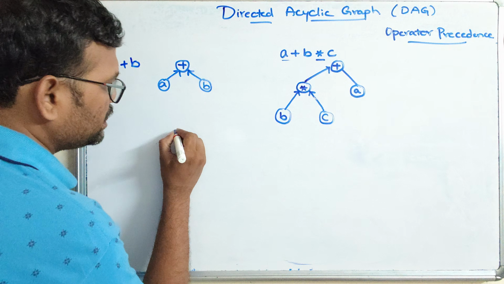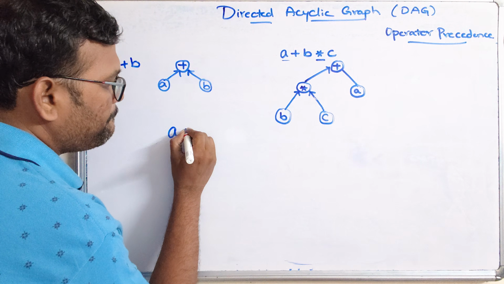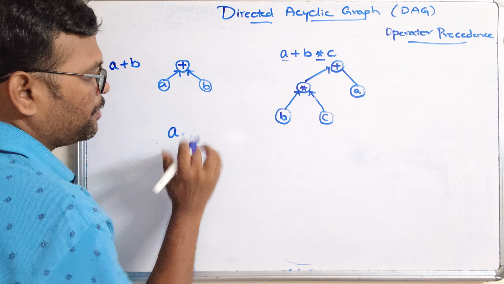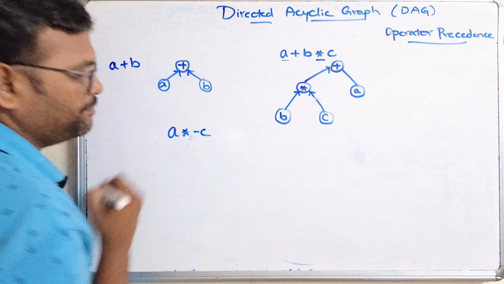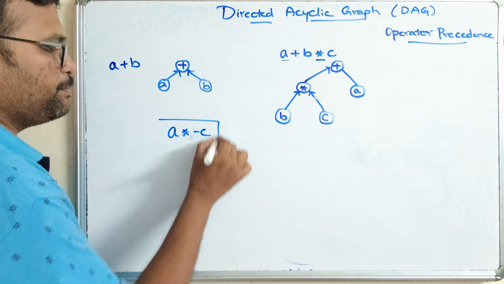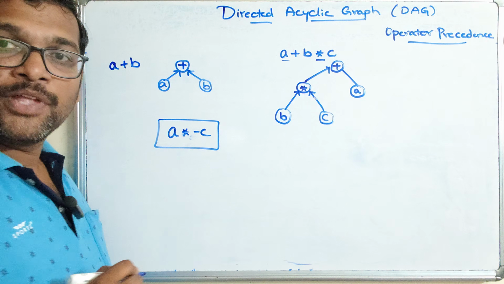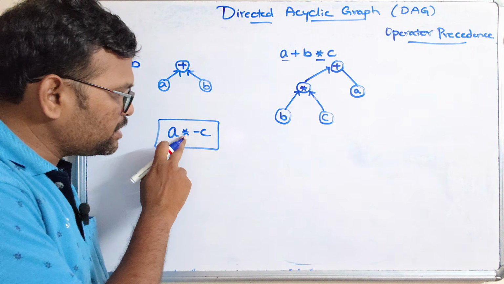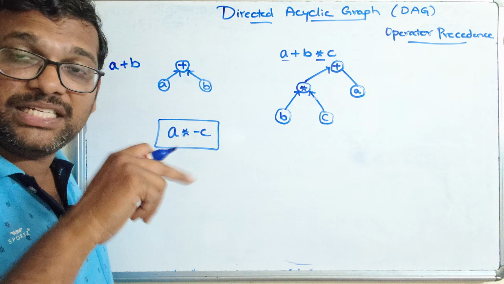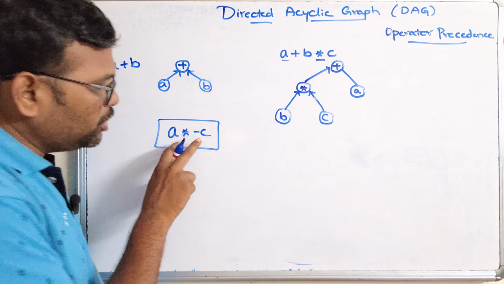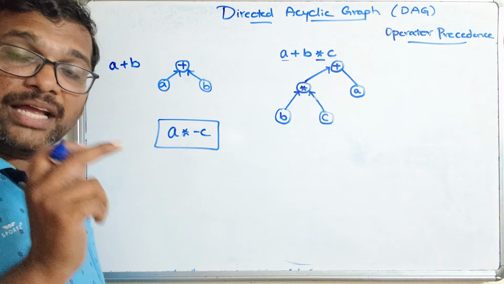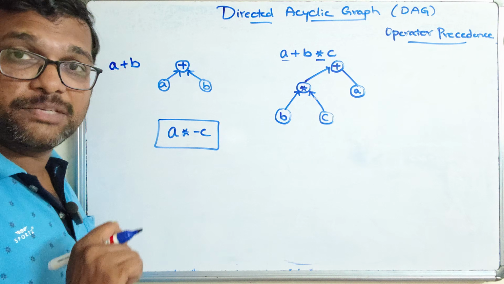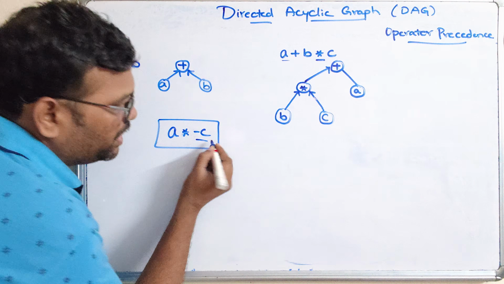Let us take one more example, A into minus C. Here we have two operators, one is the star and the other is a unary minus. Minus C is a unary minus. Among these two operators, the unary operator has the highest precedence, so it should be given first.